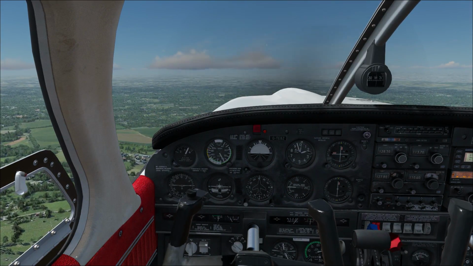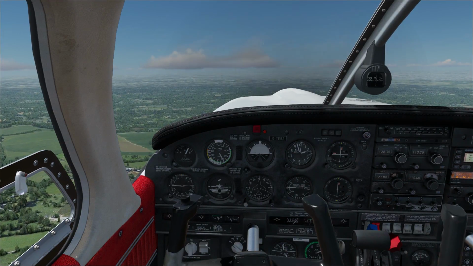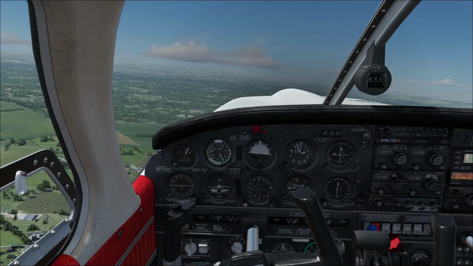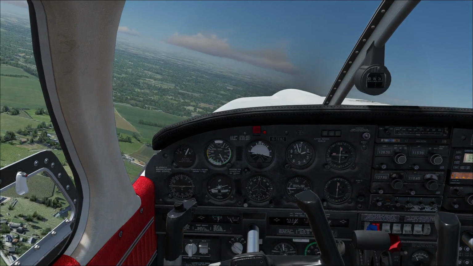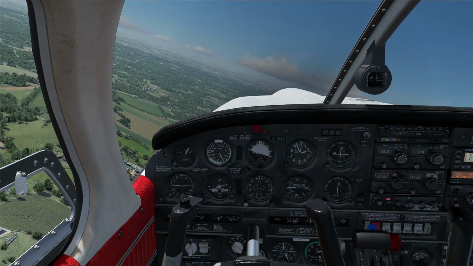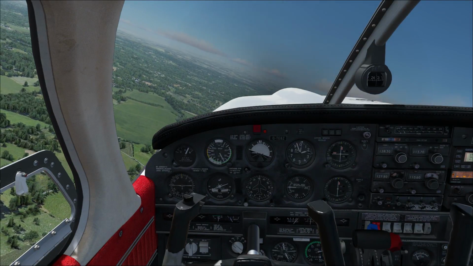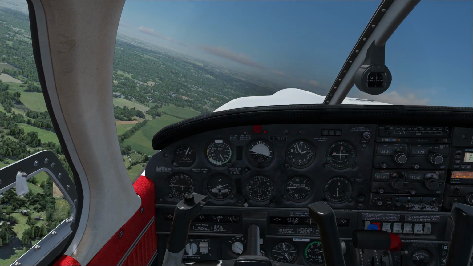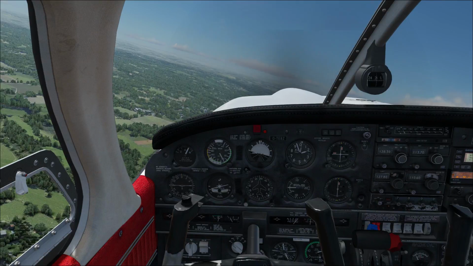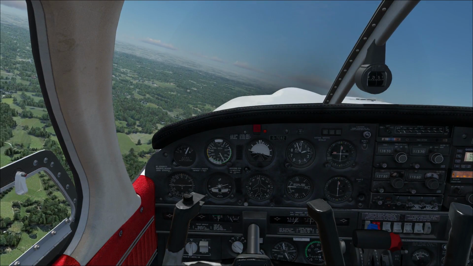So we're going to do that one more time. We're going to go to 180 now. So here we go, the aircraft is stable. Turn to 180, pull up on the elevator, 20-degree bank. There we go. This is a very nice turn. See, this is much nicer. And now I can focus on what I'm having to look at.